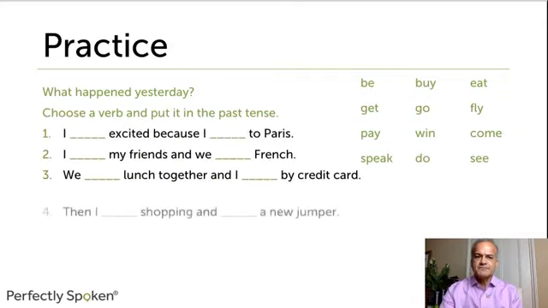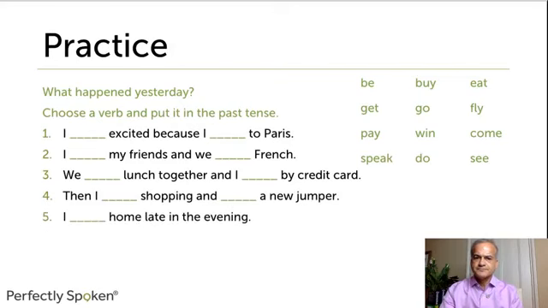So this time, we've got the verbs, let's put them in the past in the sentences. I was very excited because I flew to Paris.